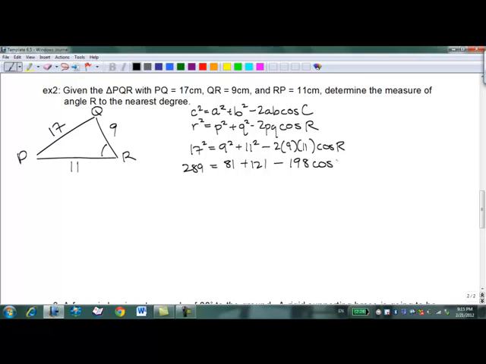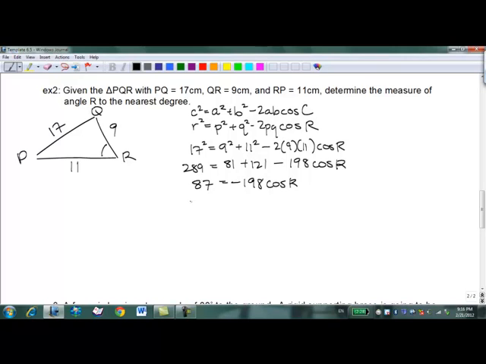And we have cos of R. So isolating for R, again, basic algebra, 289 minus 81 minus 121 will leave us with 87-ish. 87 equals negative 198 cos R.